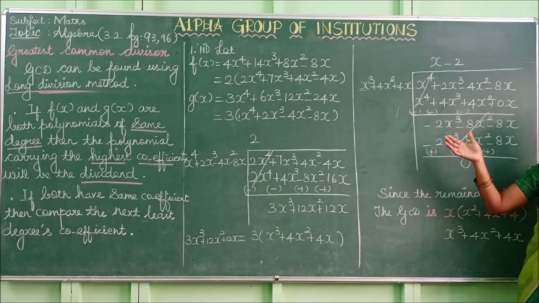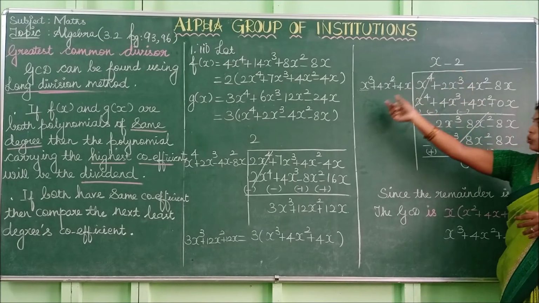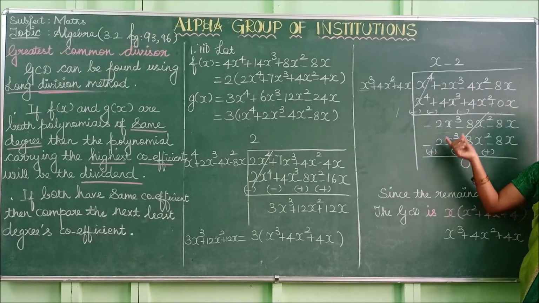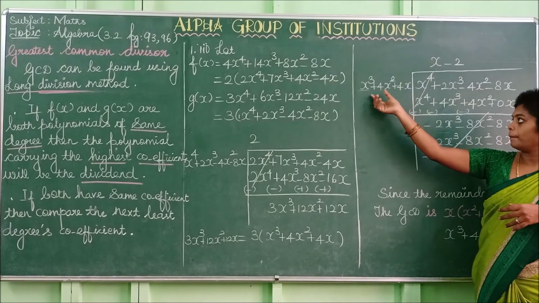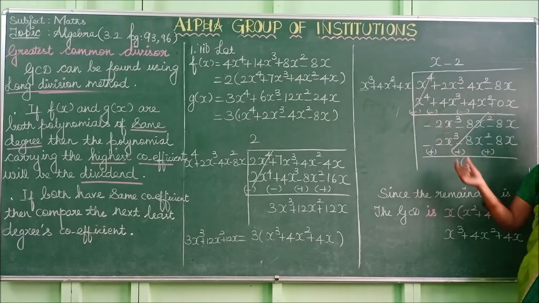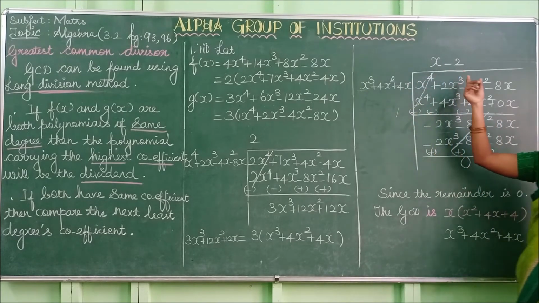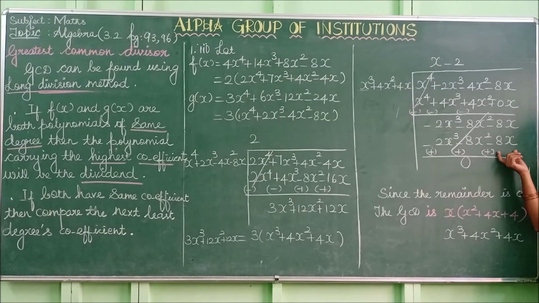So throughout the polynomial will be multiplied by minus 2. So minus 2 into x cube is minus 2x cube. Then 4x squared into minus 2 is minus 8x squared. Then plus 4x into minus 2 is minus 8x.